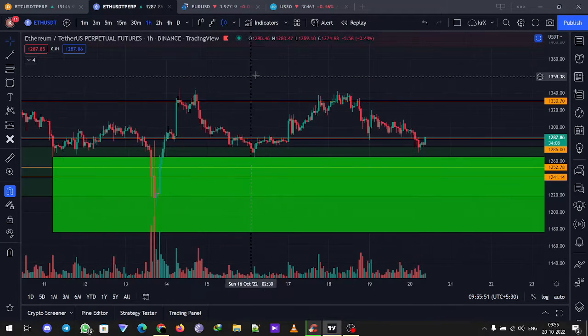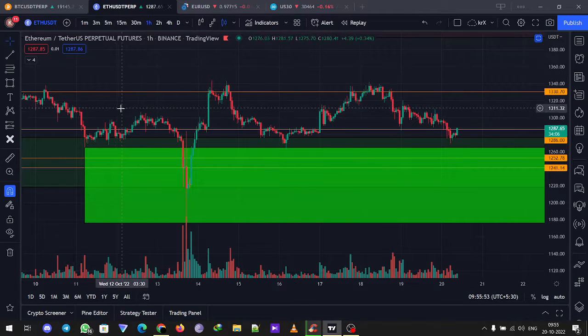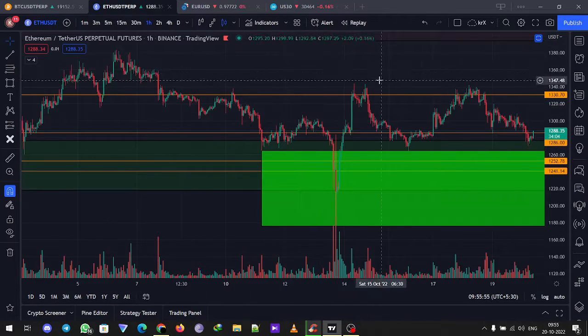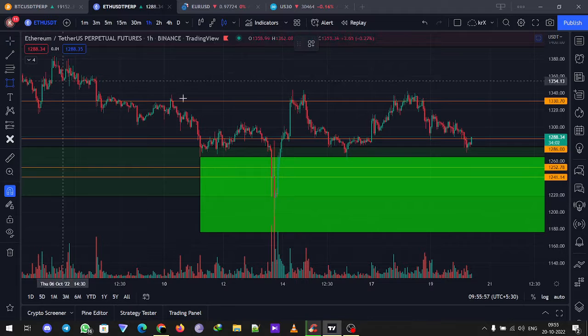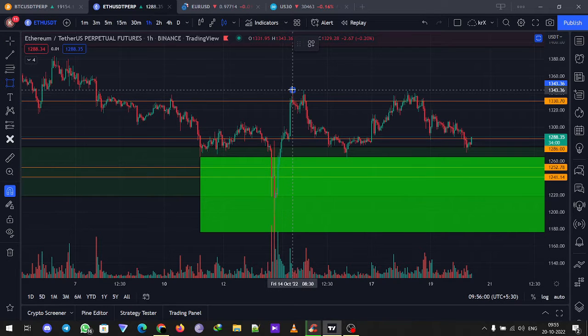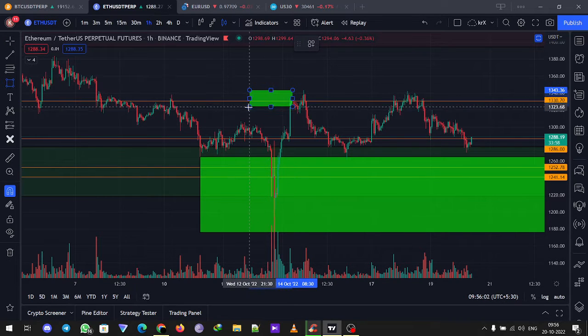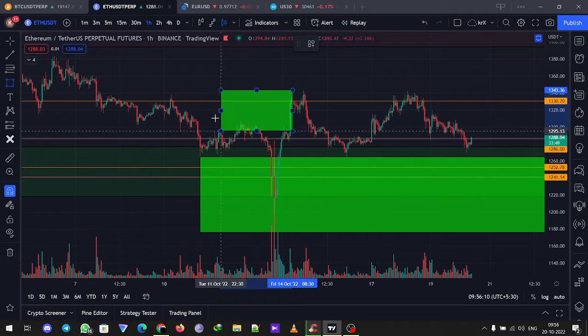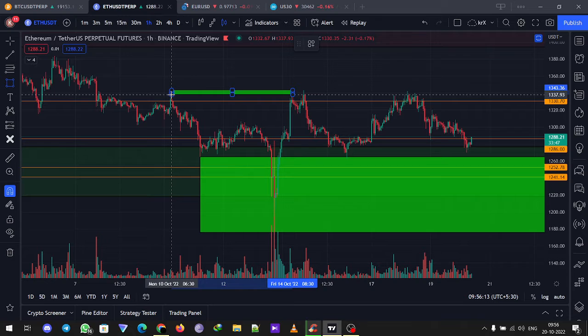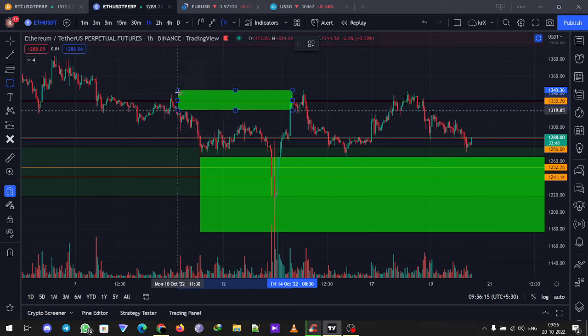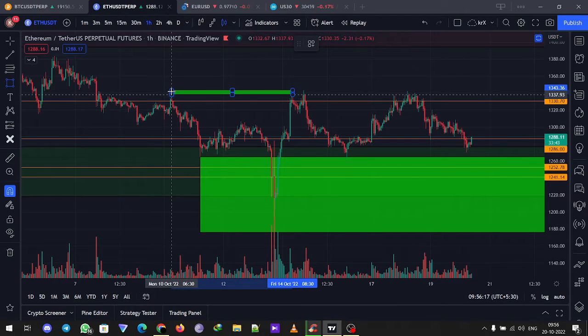Now we will draw our upper zone. Select this higher high. In the previous identification of our zone we marked the previous high, but if the liquidity hunt breaks the previous high and the previous to previous high, then we will take the high which is closer to our liquidity hunt level.